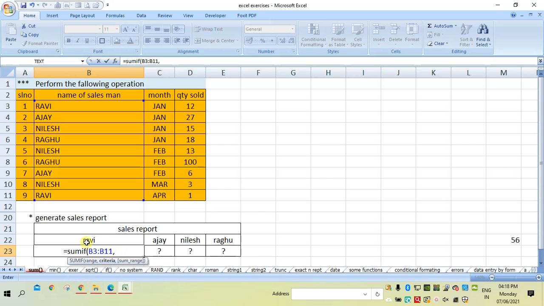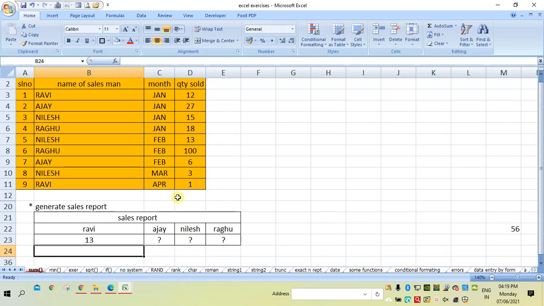Ravi is in B3 or B9; you can take any one. Next put the comma. From where do you want to get the numbers for calculation? I want the sold information from D3 to D9. Select this and then enter. So you get 13. Ravi's sales report is 13.